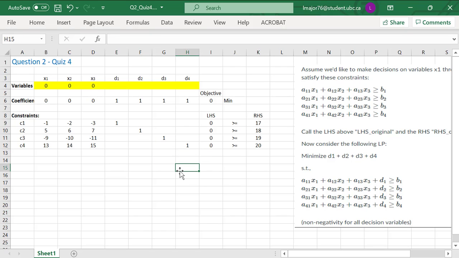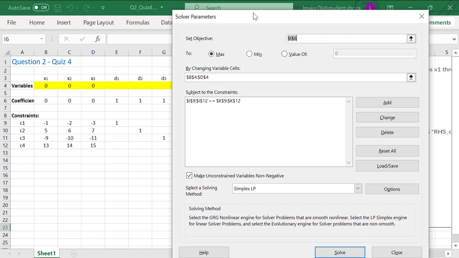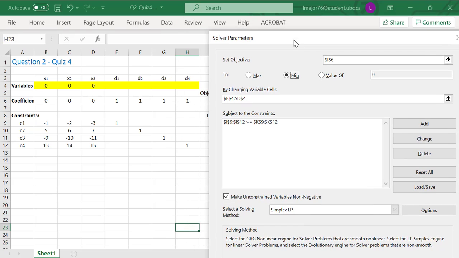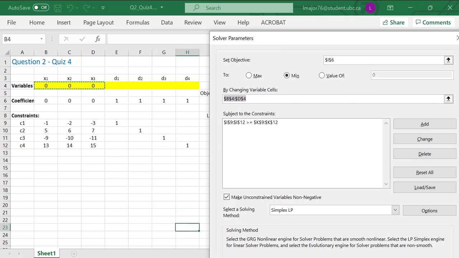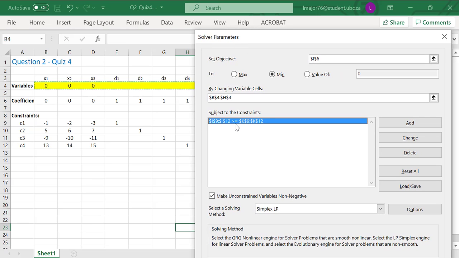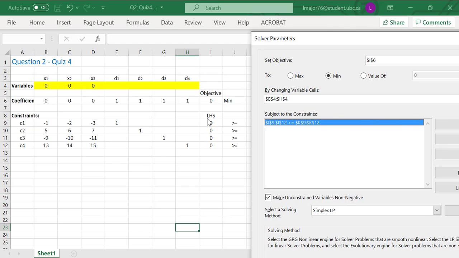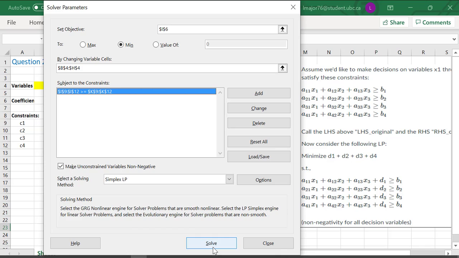This is how much under we are, so we're just overinflating the left-hand side with these difference values, and then we're minimizing to try to make this total as low as possible. And now rerun solver, and we're going to switch this to a min. We're going to change now, instead of just those guys, all of these numbers. And then our constraints are going to be the same as before. They just have these new values in them. And then click solve.